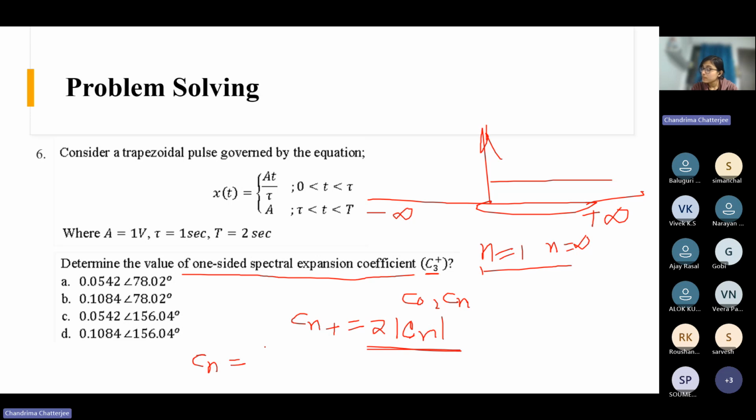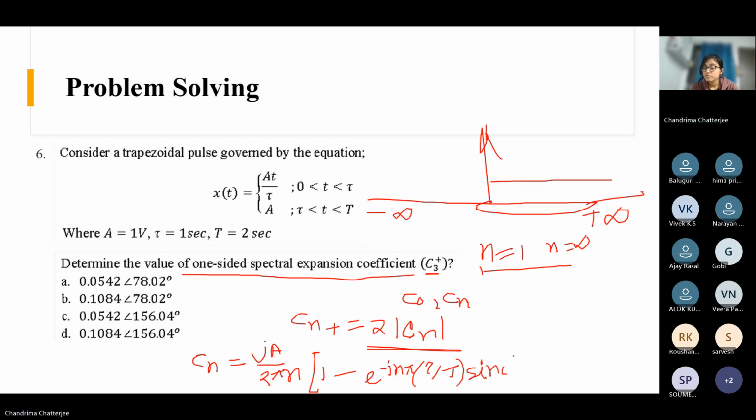I wrote it earlier: Ja by 2 pi n, times 1 minus e to the power minus j n pi tau by T, then sinc of n omega naught tau by 2.